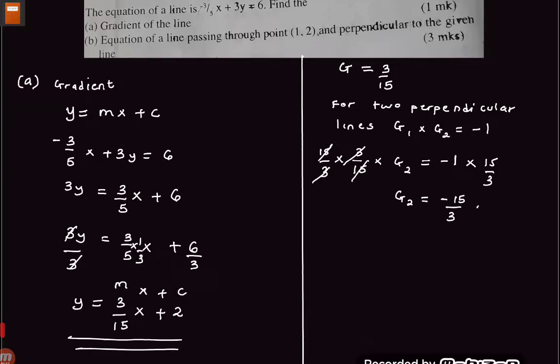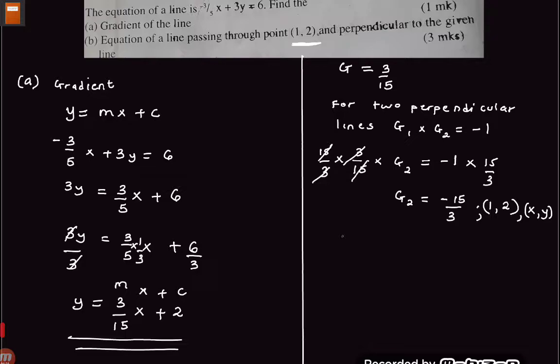And with this gradient, we also know the point where it passes. The line passes through point 1, 2. We can choose another point so that we get the equation of the line. The other point we choose, we can call it x, y. So that now we have 2 points and the gradient.